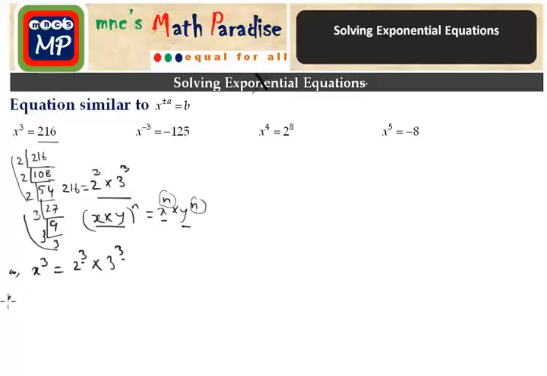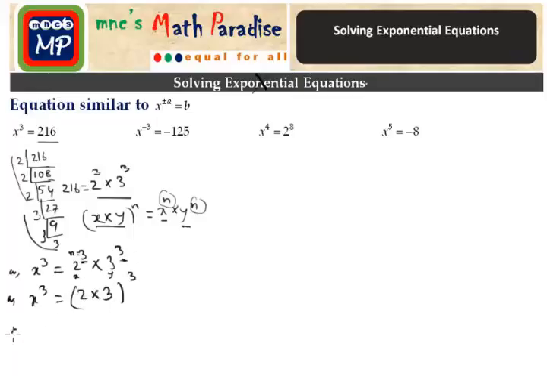Here the power is the same, 3, but the different bases are 2 and 3. So we can write them as (2 times 3) to the power 3. Here 2 is x, 3 is y, and n is 3.